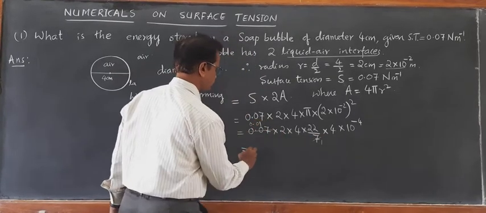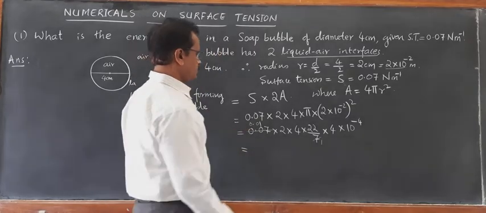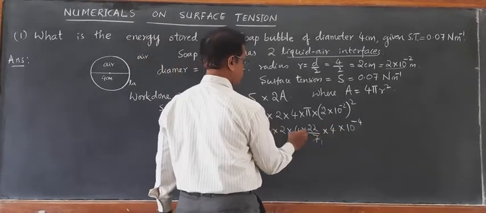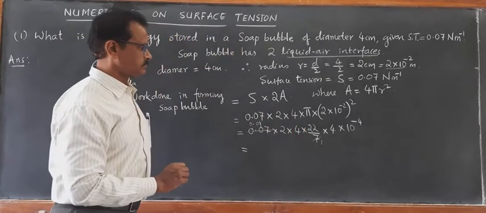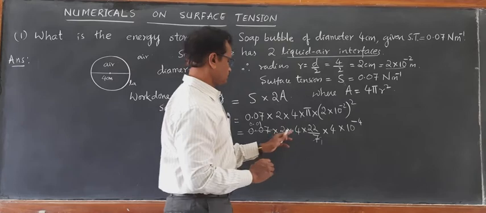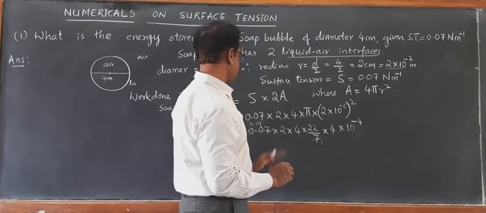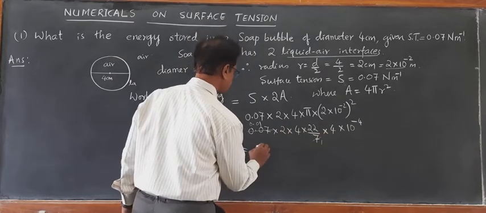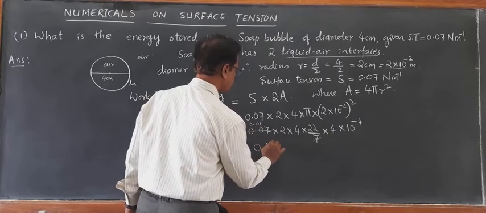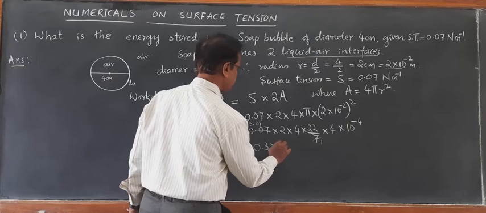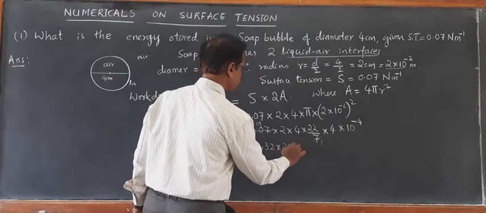So it becomes now simple. 4 fours are 16, 16 twos are 32. 32 into 0.01 becomes 0.32, into 22.